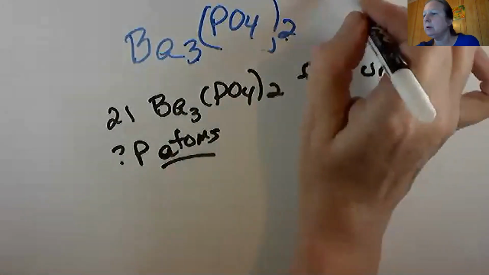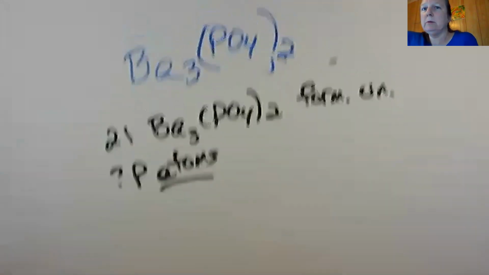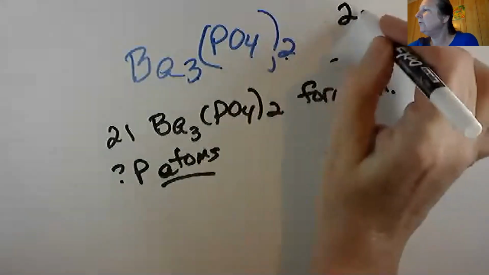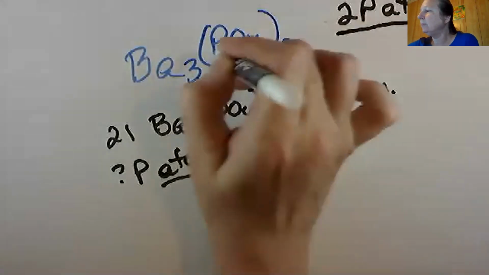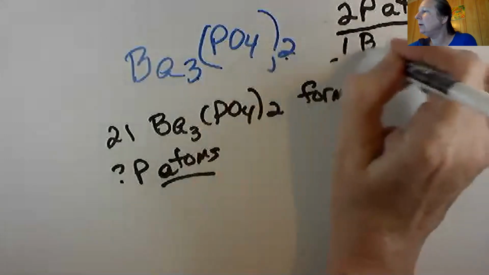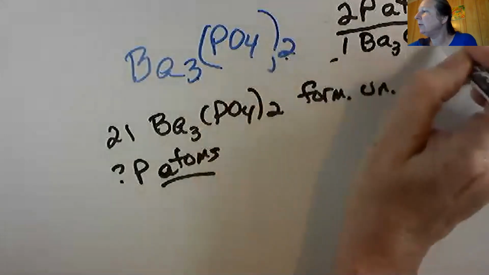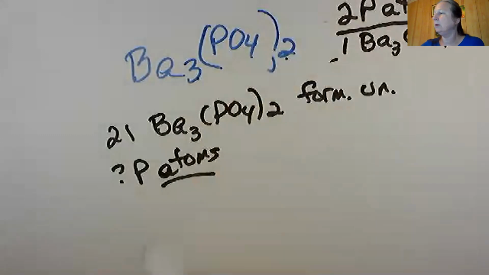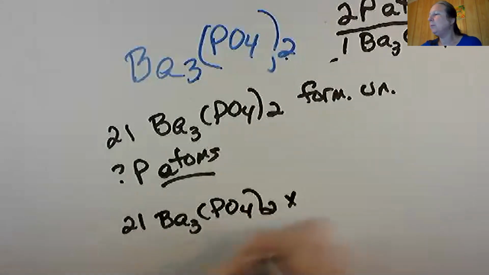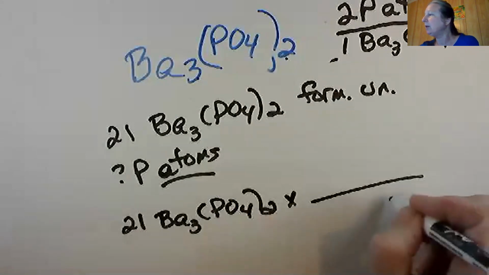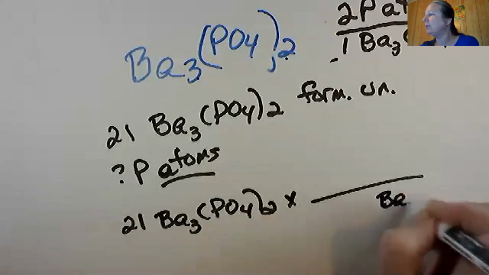It's 2 phosphorus atoms, right, for every 1 barium phosphate formula unit. So start with what you have, and what we have is 21. I could write formula units, but I'm limited in space. But as long as what we're canceling out agrees, that's what matters.